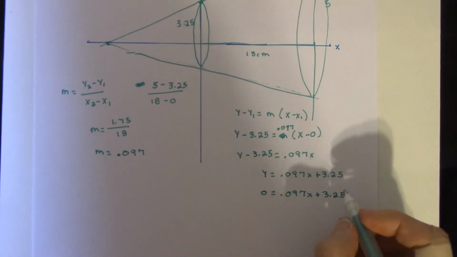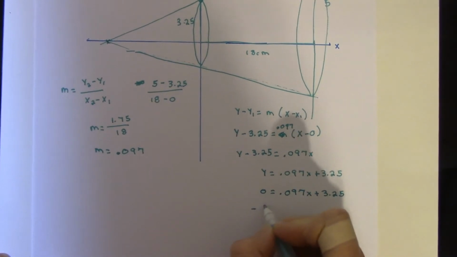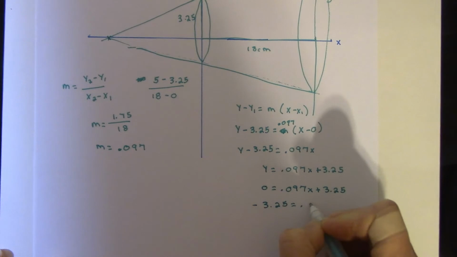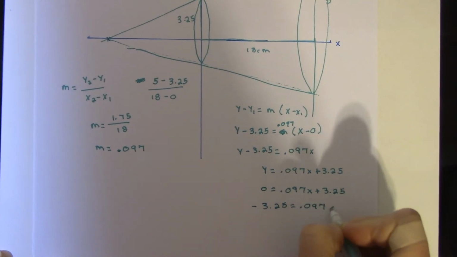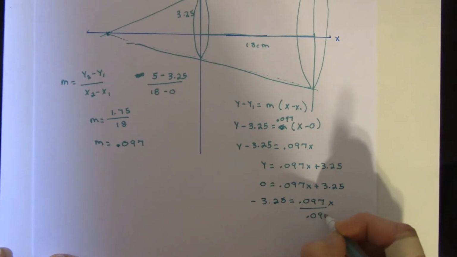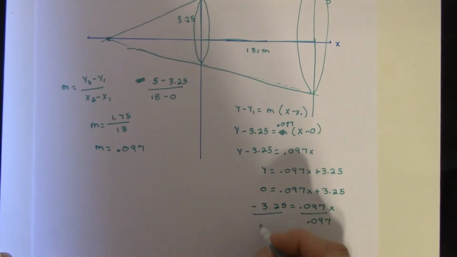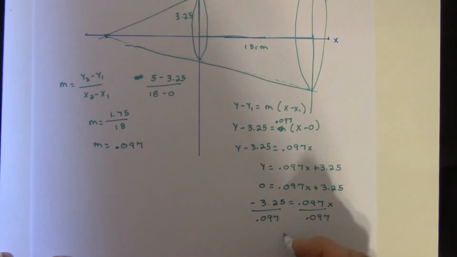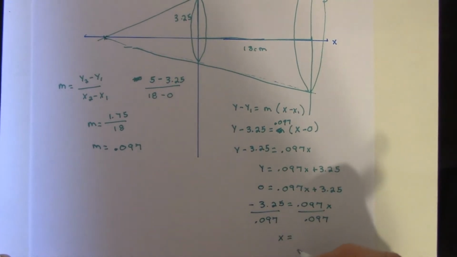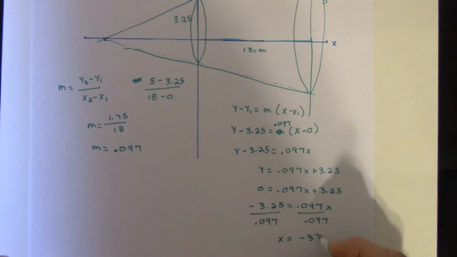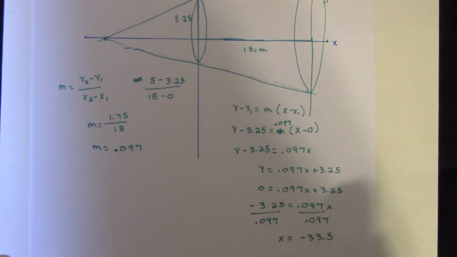Then I bring the negative 3.25 to the other side and divide by 0.097, and x equals, what, negative 33.5.